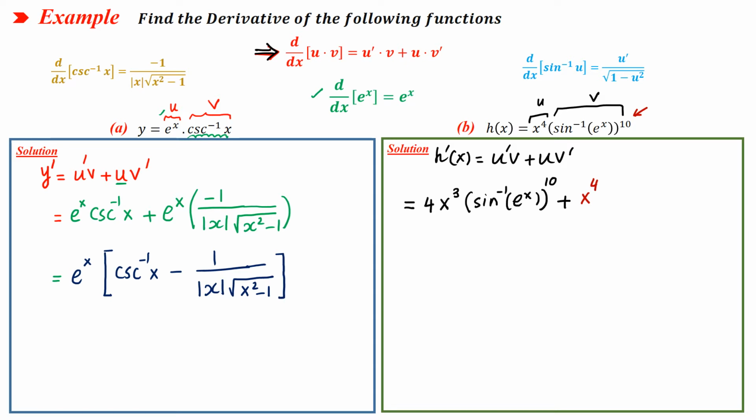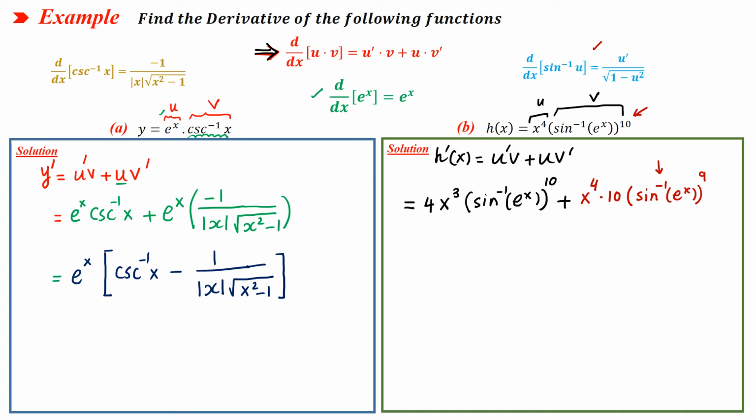So you have to put the power in front of the bracket, then the same bracket sine inverse e to the x all to the power 9 multiplied by the derivative of the inside function, and the inside function is sine inverse e to the x. And as you know, the derivative of sine inverse of a function equals the derivative of the function inside divided by square root of 1 minus the inside function squared.